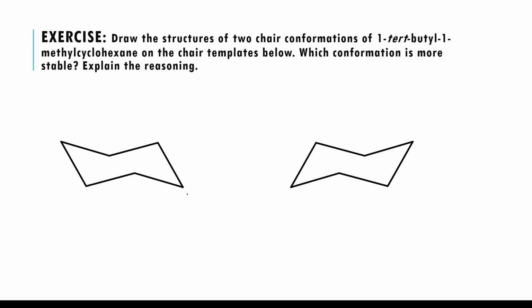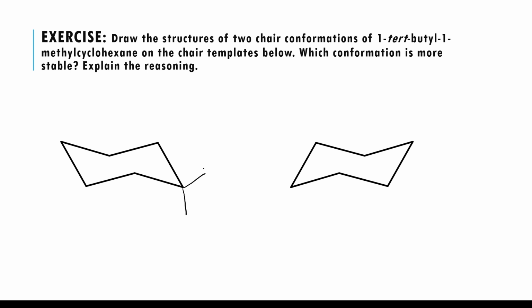Okay, here I'm going to choose one position for this carbon, and we have to place a methyl and a tert-butyl. And we know that we have axial and equatorial positions, and I'm going to draw the equatorial position like this, and I'm going to draw the axial position which is pointing downward.